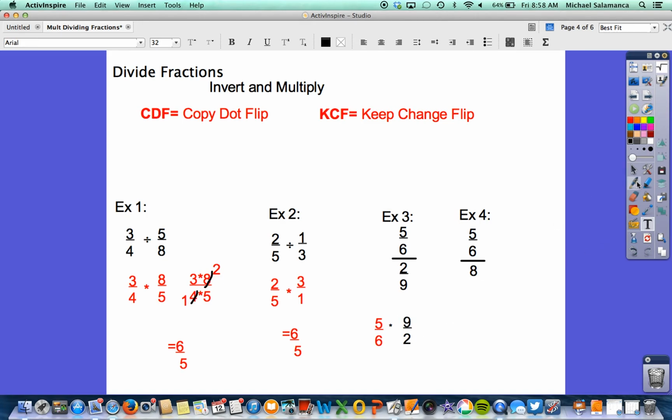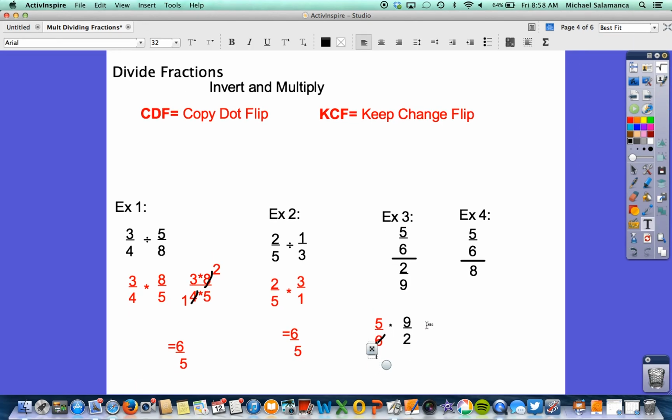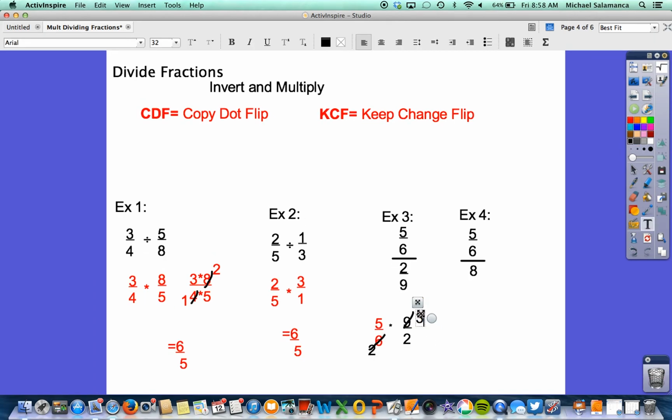We know that the 6 and 9 both have a 3, so I divide that by 3, and it's 2. And I divide this by 3, and we're left with 3. Your final answer is 15 fourths. And that's your final answer.